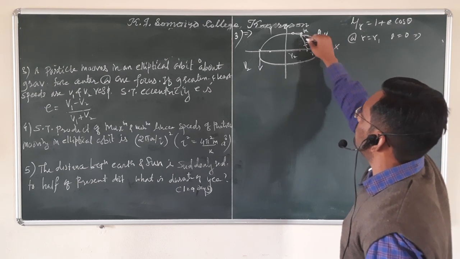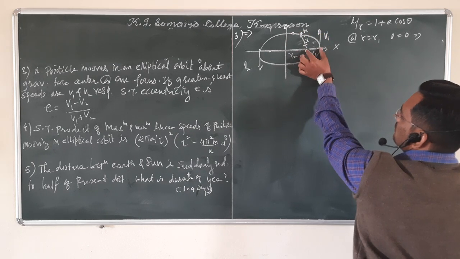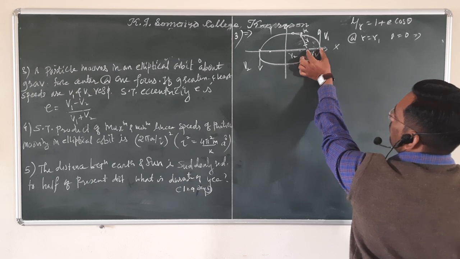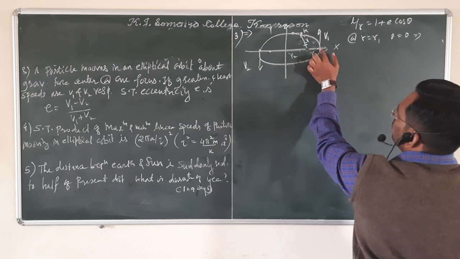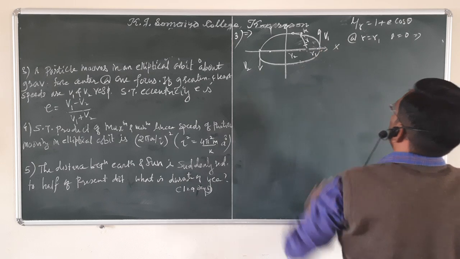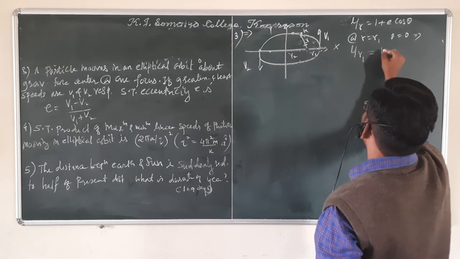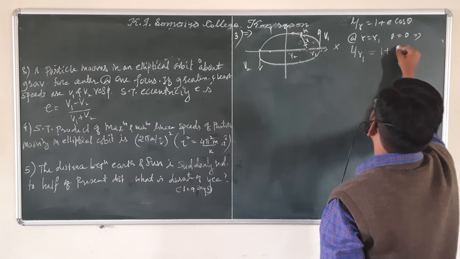Suppose that planet is over here, then R is this. Suppose it is over here, then R is this. It means when the planet is over here at R is equal to R1, the angle between this radial vector and the position of that planet is 0. So from this equation we get L upon R1 is equal to 1 plus, if you put theta equal to 0, we get 1 plus E.